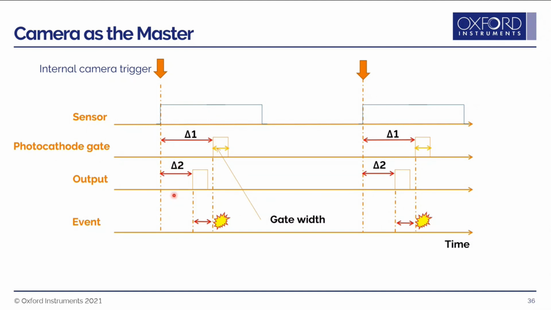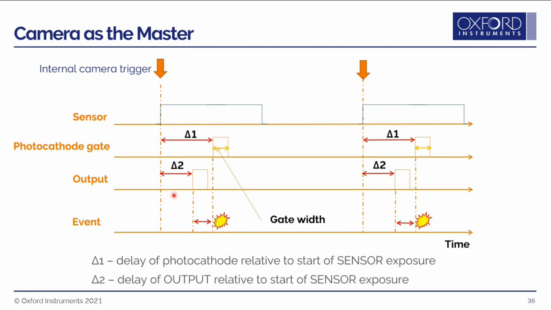Now, I have shown these delays as delta 1, delta 2, as fixed for the repeating unit that comes afterwards. But what you can do in iStar sCMOS software, or the Solis software in general, is set your software such that you could add a change in time with every repeating sequence.